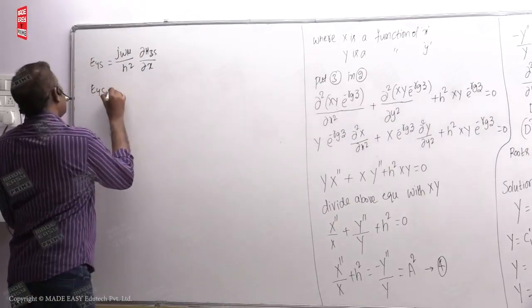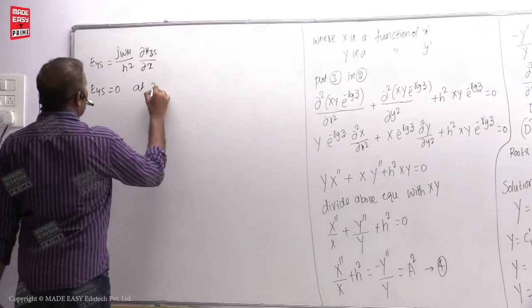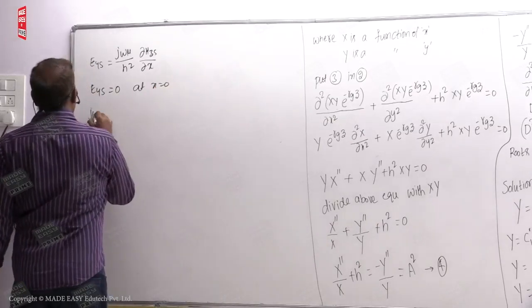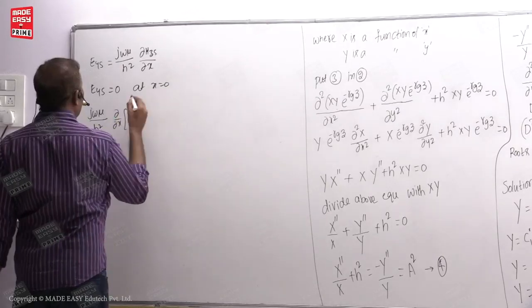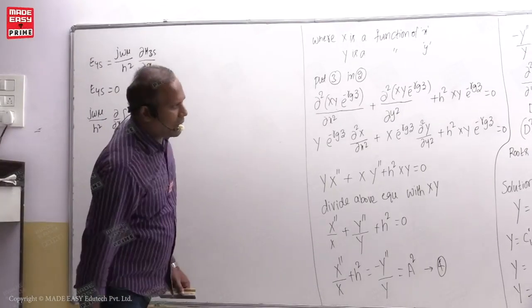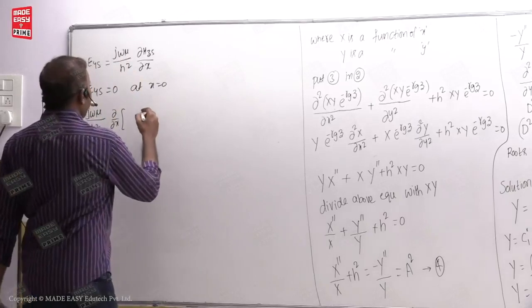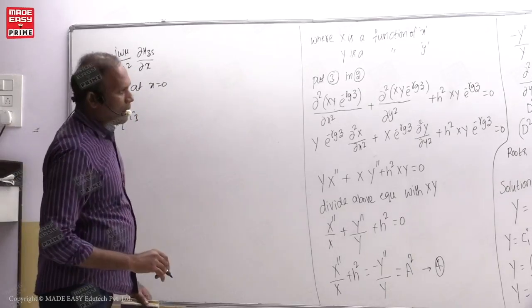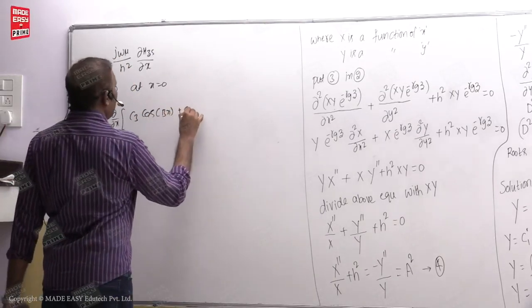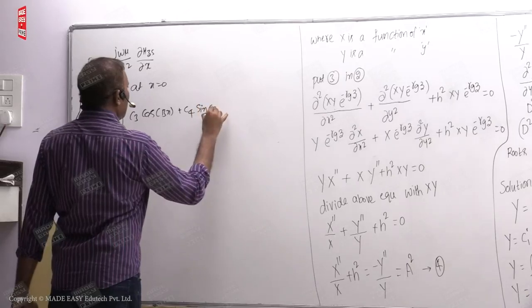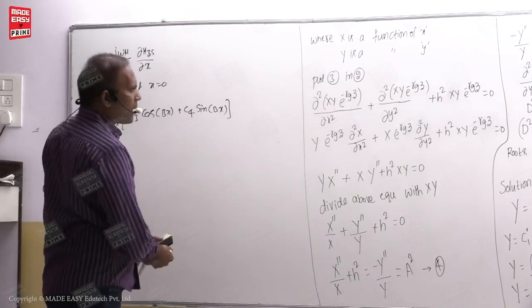Now Eys is equal to 0 at, you can see there, x is equal to 0. Now from this, j omega mu divided by h square and dou by dou x of Hz. Now I wrote a fresh one; with respect to x you have to do. So that is C3 cos bx plus C4 sin bx, then multiplied with C1 cos ay.